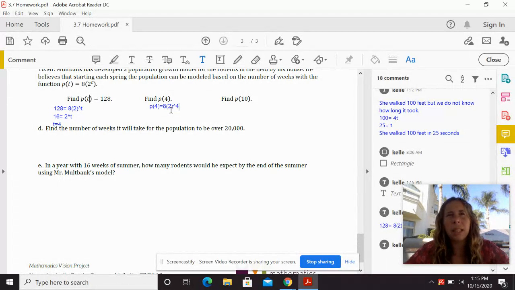Parentheses, exponents, multiplication, division, addition, subtraction. Order of operation. You do your exponent before you multiply. So 2 to the 4th power, we just figured that out. 2 to the 4th power is 16, times 8 is 128.